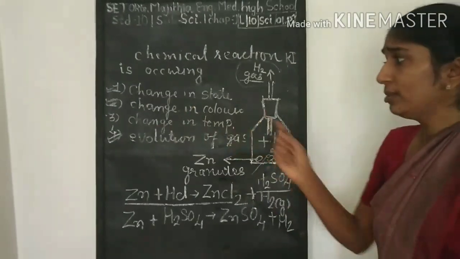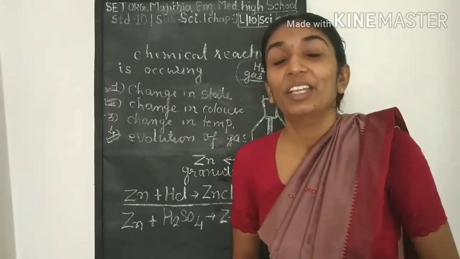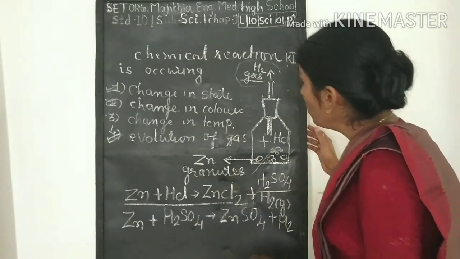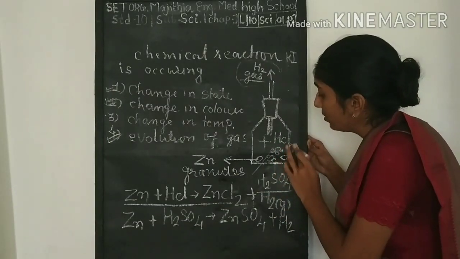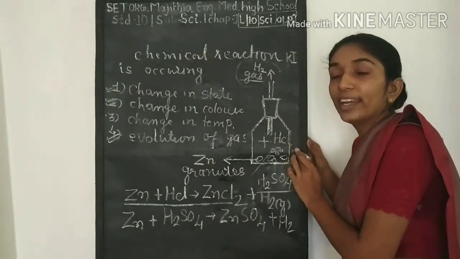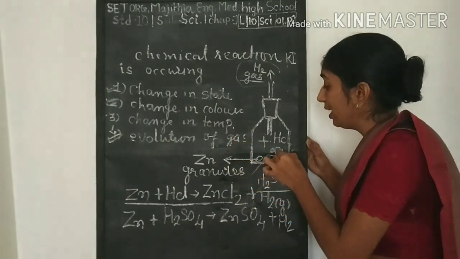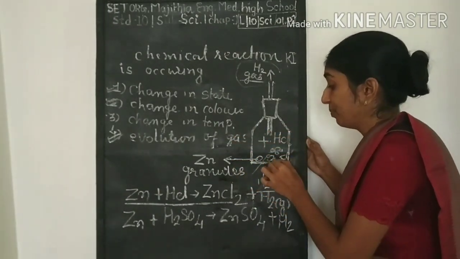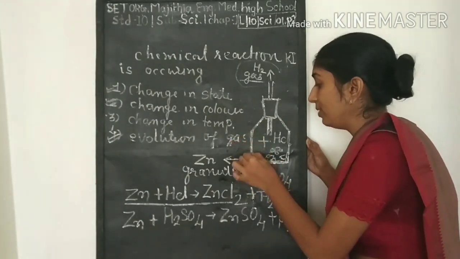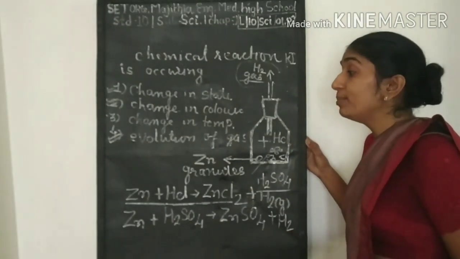But what about temperature? When you touch the surface of this conical flask before and after, you will see that the surface of this conical flask is hotter than the previous time. What does this mean?